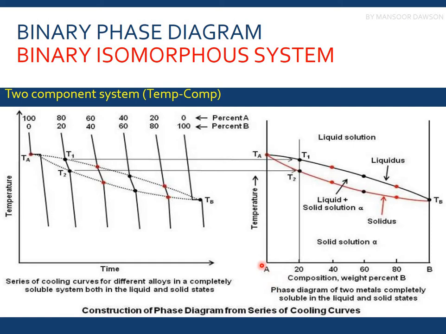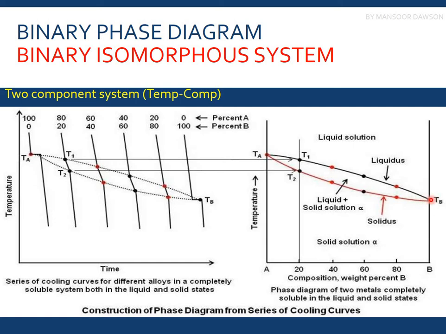A can be whatever substance, but there is only one substance, A, which is a pure substance. That means there is only one point, which is both the solidus and the liquidus point. And at B, which is 100% B, there is no A, which means B alone is the pure substance. So this also has only one freezing and melting point.